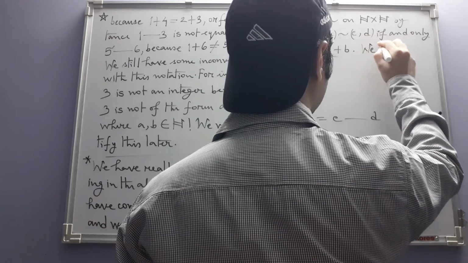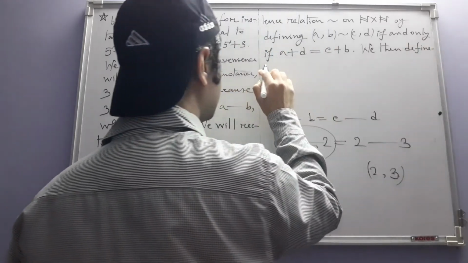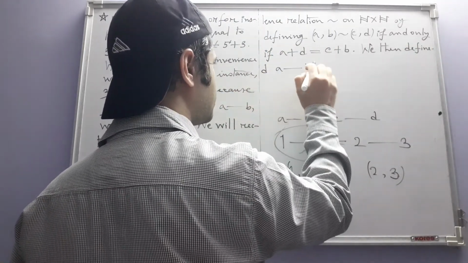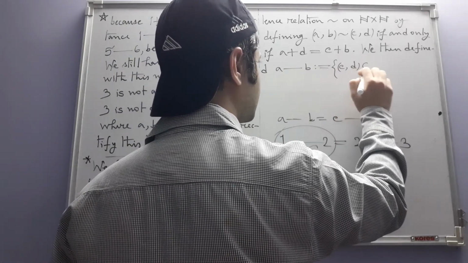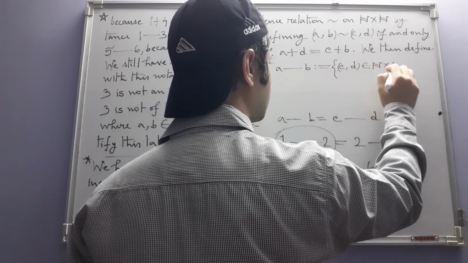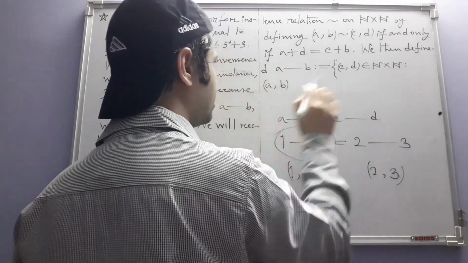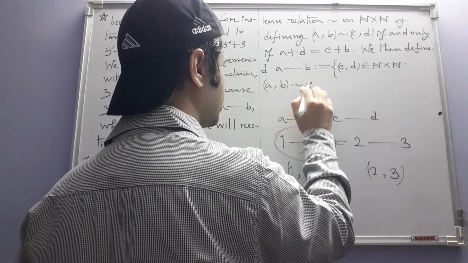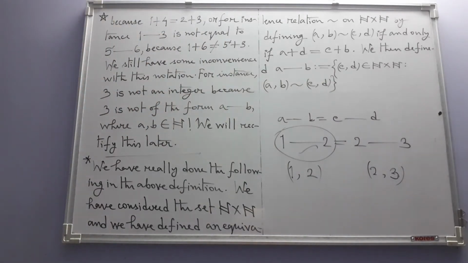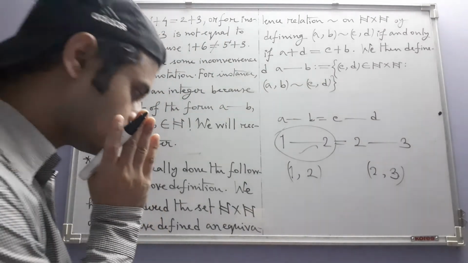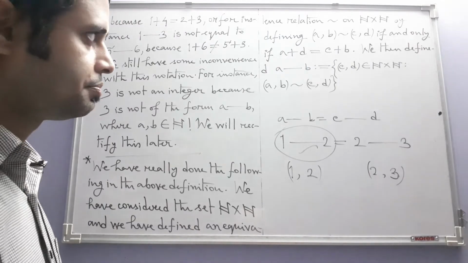We then defined A-B to be the equivalence class of all the ordered pairs of natural numbers that are related to A, B. That's what an integer is, if you interpret it strictly using set theory.